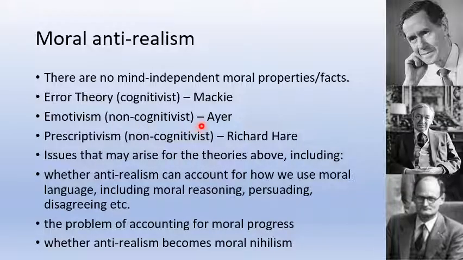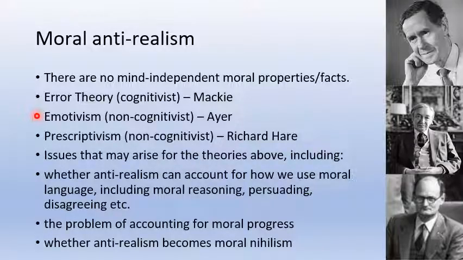So in the case of Ayer, it's an emotivist view which developed out of Hume. You've got the seeds of emotivism in Hume. And this is the view that ethical language cannot be true or false, but just expresses different emotions about different actions, approval or disapproval.